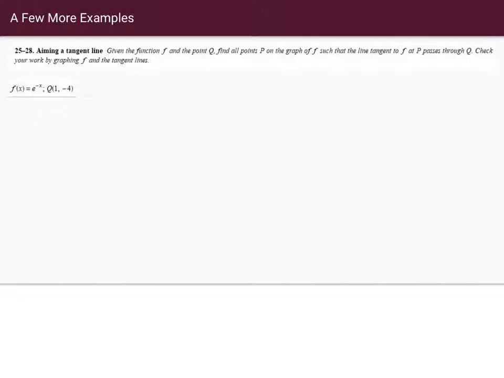Point P is going to be a point on the graph of f, and we want the tangent line to f at P to pass through Q. So let's suppose that our point P has coordinates a, b. Q is also on the same line as point P.